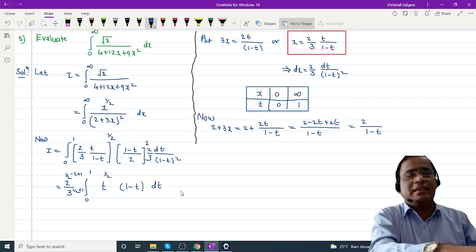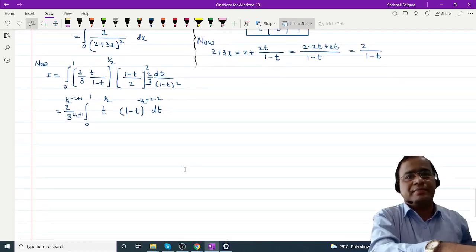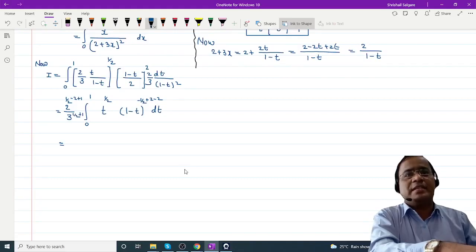There is a single term of t every time. Here the power of 1 minus t is minus 1 half plus 2 minus 2. Is it okay? Whatever power I have written, is that correct? Yes, sir. Okay, 0 to 1.